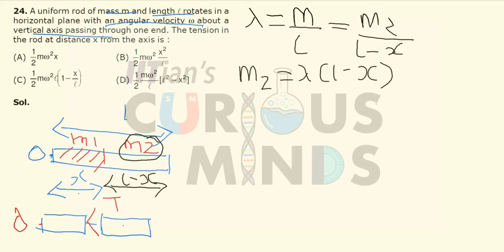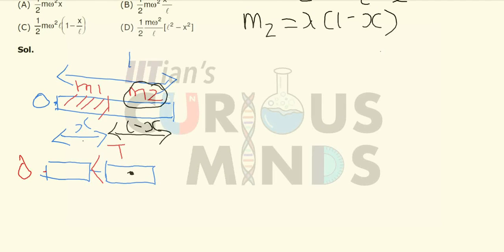If I consider the center point of this rod, because the centripetal force will act at its center point, which will be at a distance of, if this whole distance is L minus x, so this distance will be equal to L minus x divided by 2.